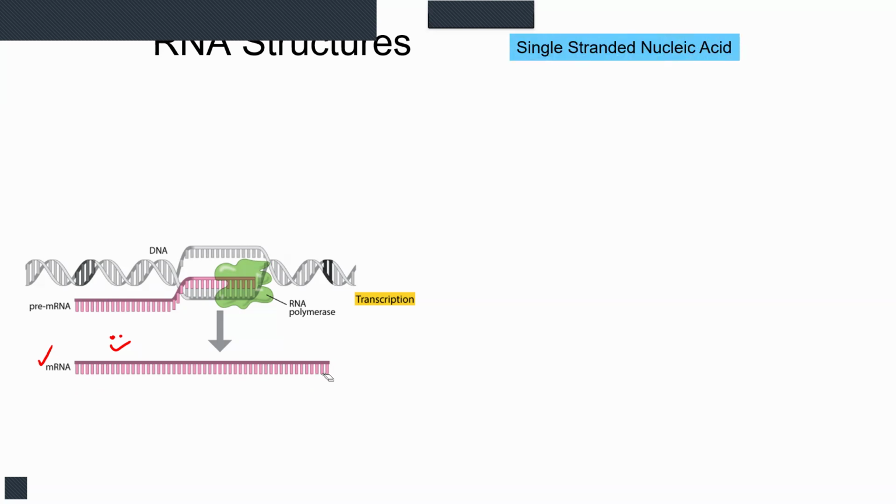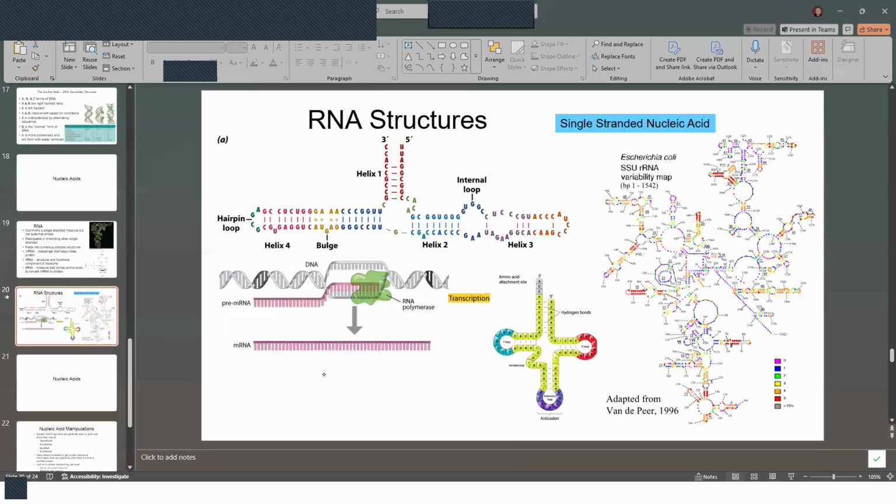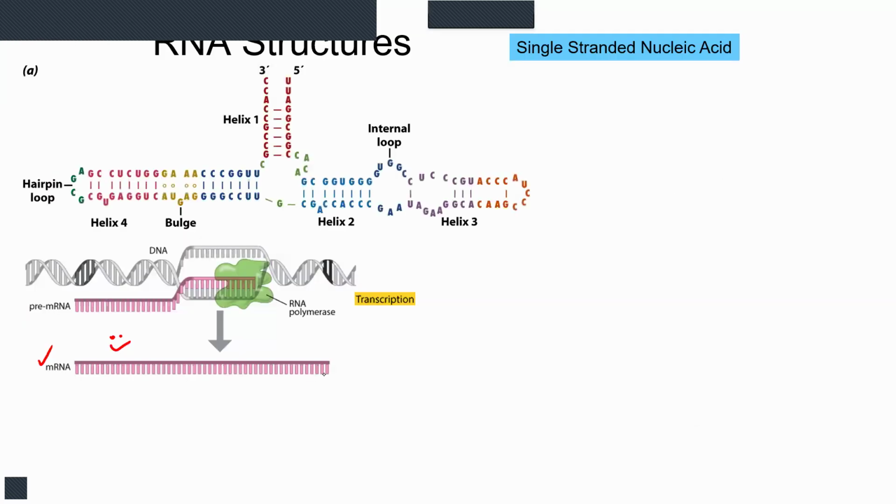Single-stranded nucleic acids kind of wrap up on themselves, and when they do that, you form these really neat structures. You've got a hairpin loop over here. You can form a number of different and unique helices. Then there can be parts where A and U hydrogen bond really well. A and A, a little off. But these right here all hydrogen bond really well.